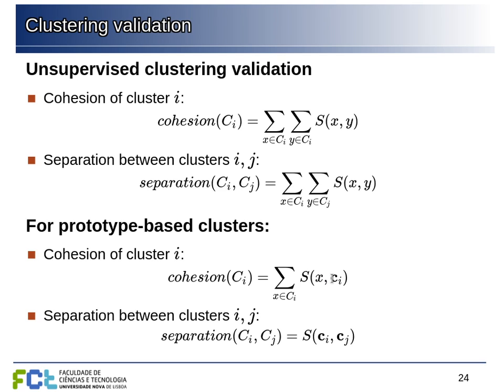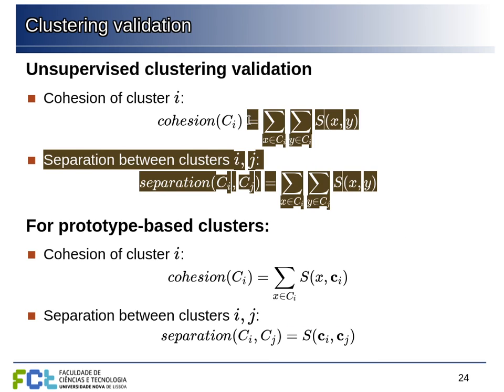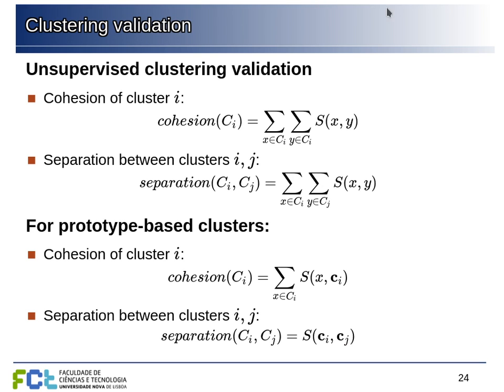If the points are very spread out, then there is less cohesion in the cluster. And the same thing for the separation between clusters: we can just look at how separate or close together these prototypes, these representatives of the clusters, are. But of course, if you're doing, for example, density-based clustering with DBSCAN, then you don't have this same possibility, but you can always use this approach of looking at the pairs of points.